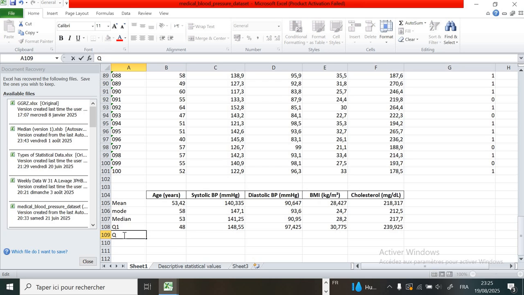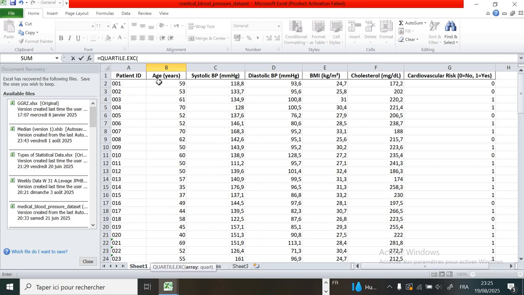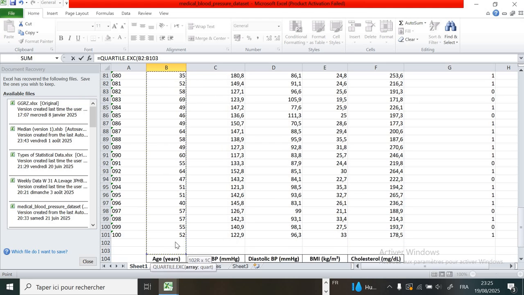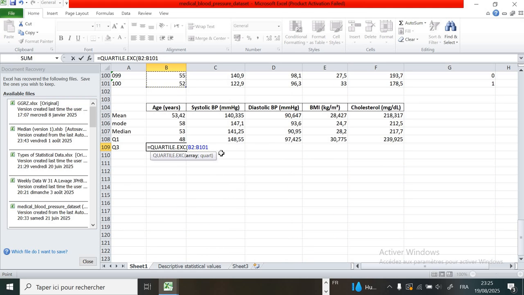And just to know how to calculate the third quartile, not the second quartile. The second quartile means the median. So we look for the third quartile, which is 75%. The third quartile, 75%, is 58.